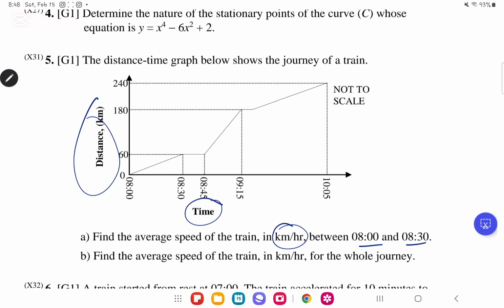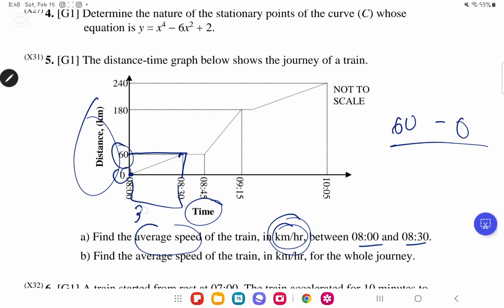Okay, so what do we know about the distance time graph? We know that the slope of the distance time graph is the average speed. So if they need the average speed from 8 o'clock to 8:30, we are going to treat it like a slope. So we're going to find the value of the slope by doing y minus y over x minus x. So pay attention, again, they need it in kilometers per hour. So you're going to take the first distance, which is 60, minus the second distance, which is 0, over the difference in timing, which is 30 minutes.